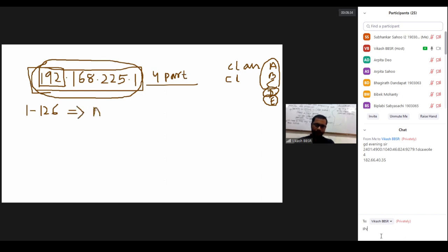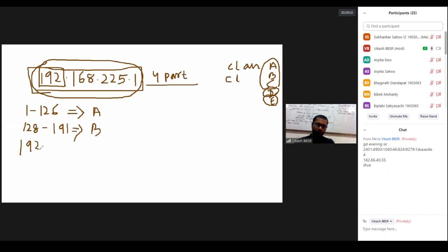Then 128 to 191, yes, it is IPv4, which is 32 bits. So it is class B.